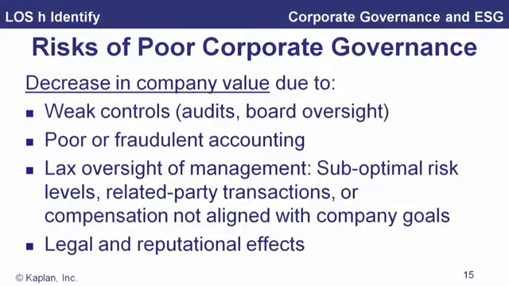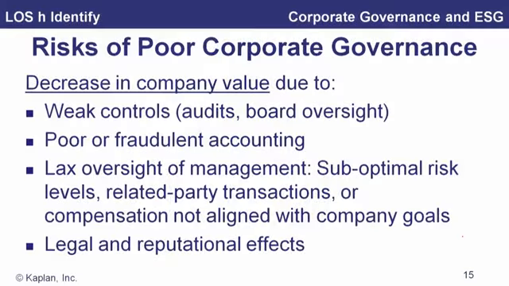What are the risks of poor corporate governance? Well, just as you would suspect, if you have weak controls, weak audits, weak board oversight, well, that can lead to a decrease in company value, especially if things have been hidden, swept under the rug, and then they come to light. If there's poor or fraudulent accounting, this can really affect the stock price when things come to light. And lack of oversight of management.